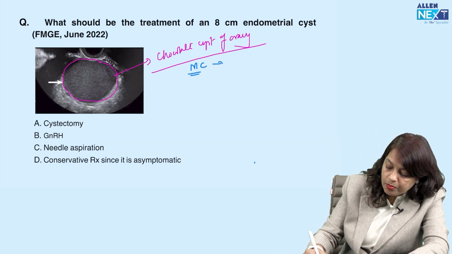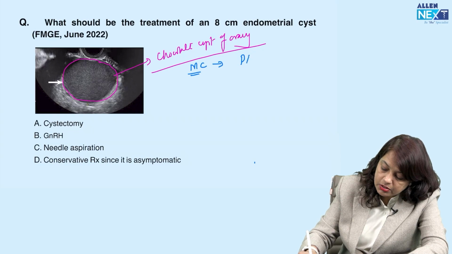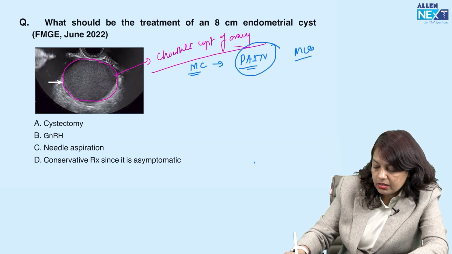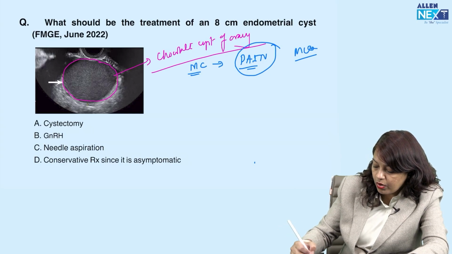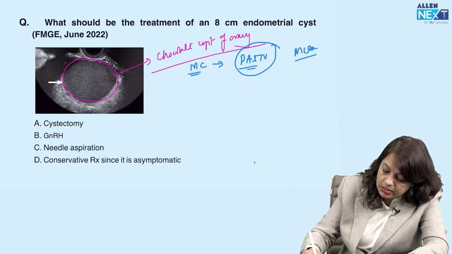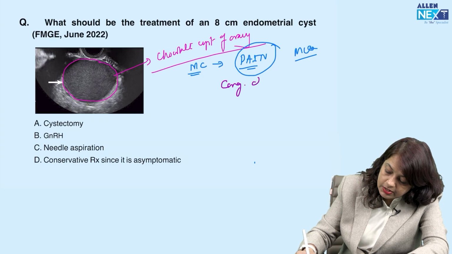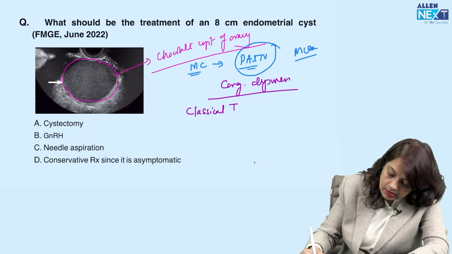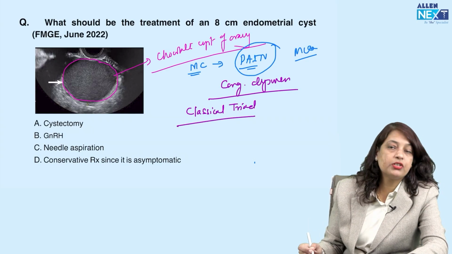What is the most common symptom of endometriosis? Always remember, it is pain. This they have already asked. What type of pain? Mostly it is congestive dysmenorrhea. Now, what is the classical triad of endometriosis?